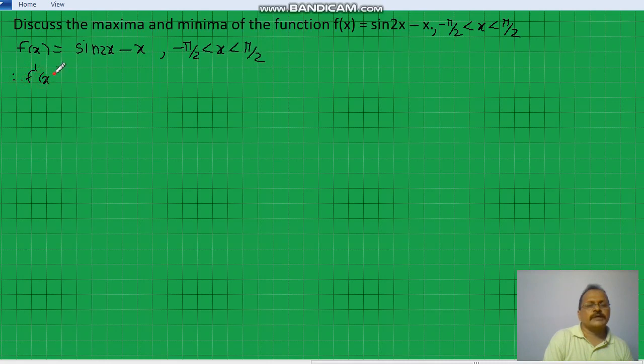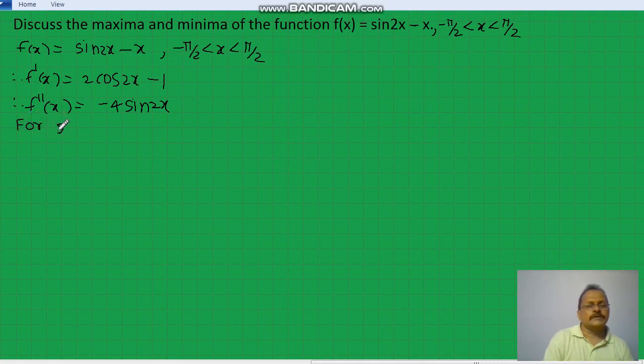Therefore f dash x is equal to 2 cos 2x minus 1, and therefore f double dash x is equal to minus 4 sin 2x.